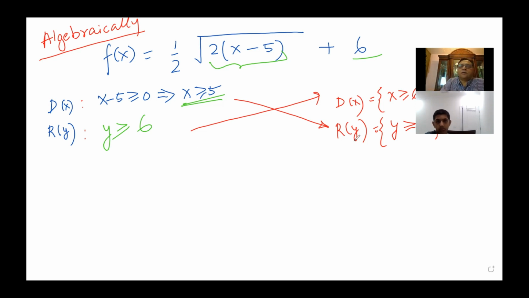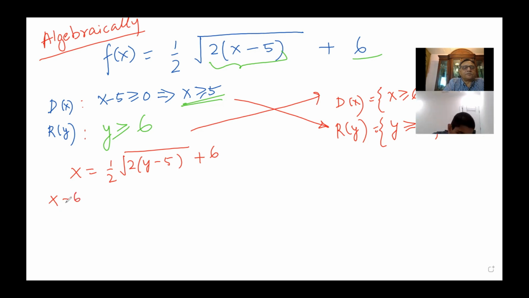Now we'll do the algebraic method. So swap. So we have x equals half of square root of 2 times y minus 5, plus 6. Tell me, what operations are you going to do to isolate y? First you subtract 6 on both sides. Correct. And then you multiply each side by 2.